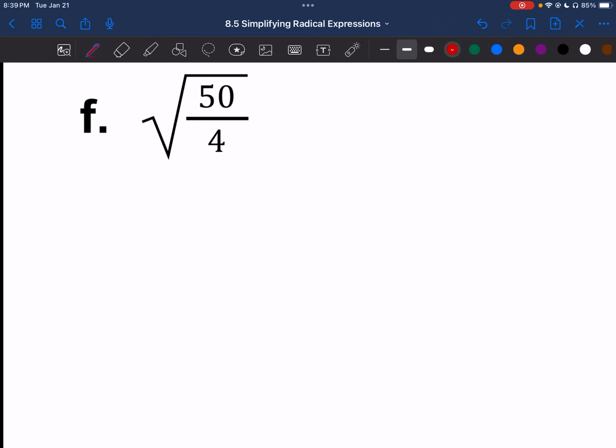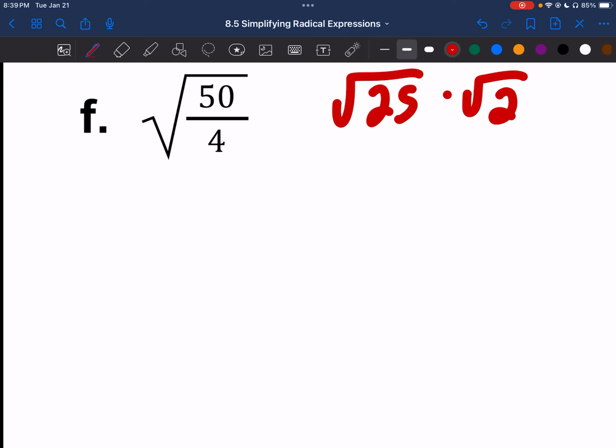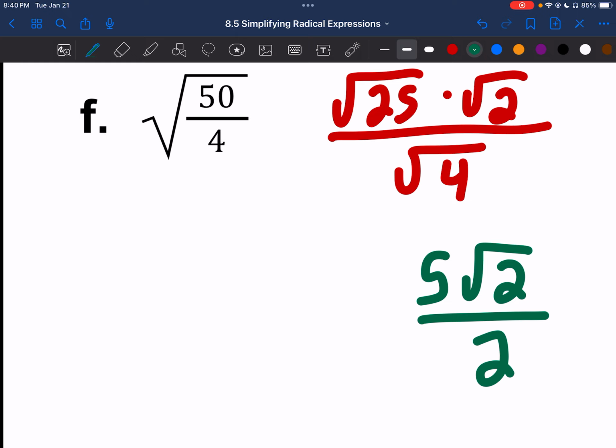Well, the square root of 50 is the square root of 25 times the square root of 2, or it could have been written under one radical. And then we've got the square root of 4, since we're not breaking everything apart. Perfect square, the square root of 25 is 5. The square root of 2 remains the same. The square root of 4 is 2. And that's your final answer.